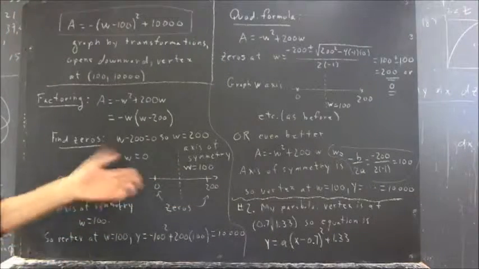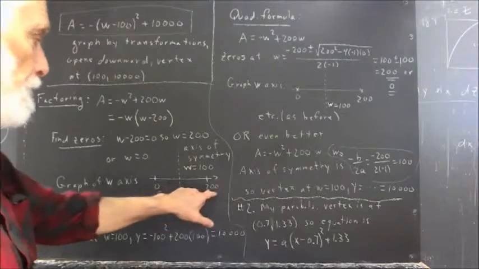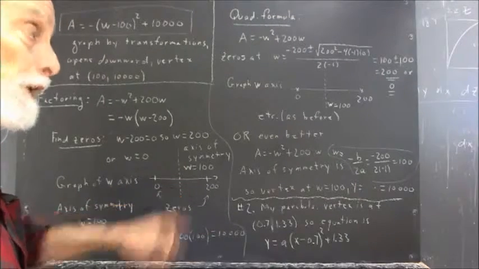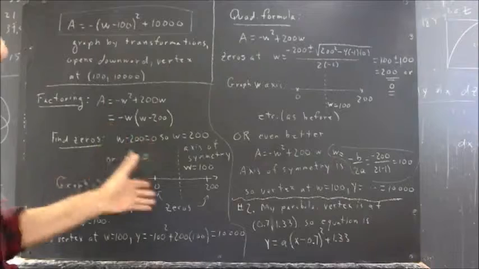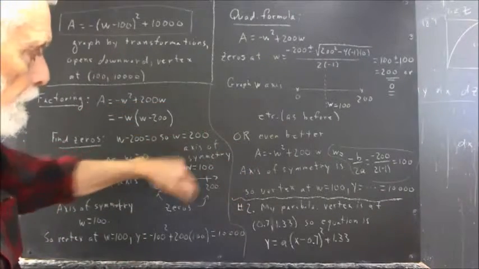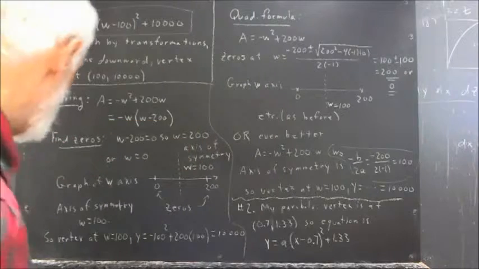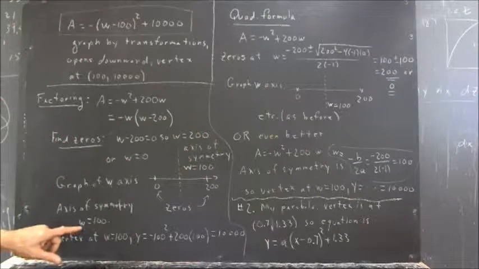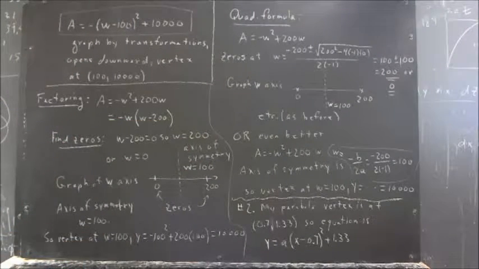In general, if it wasn't really simple, because you can see 0 to 200 halfway is 100. If the numbers are a little uglier, you add them and divide by 2. And of course, if you add these and divide by 2, again, you get 100. So your axis of symmetry is W equals 100.